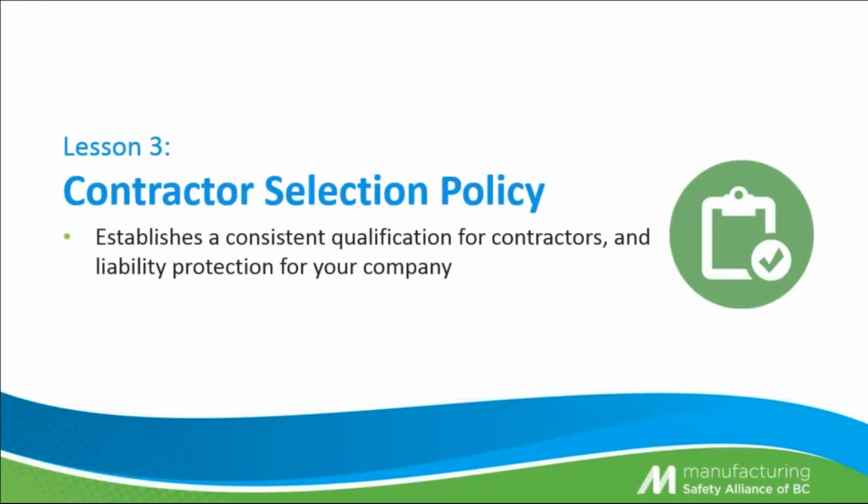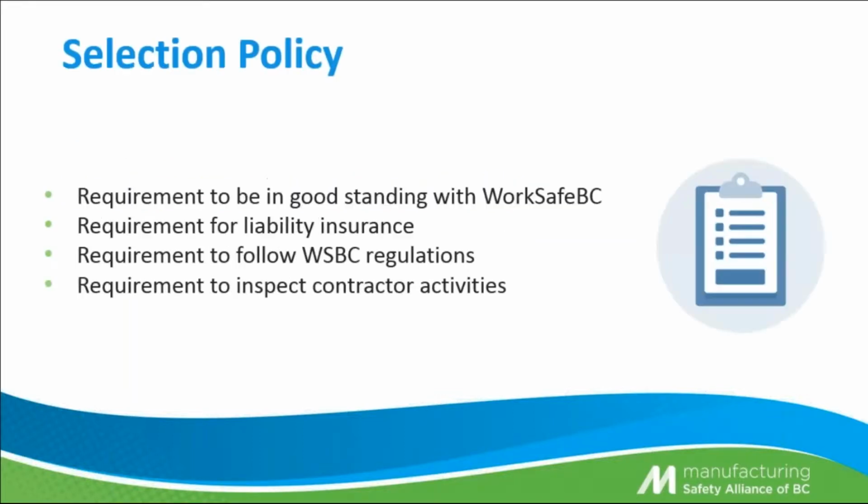Lesson 3, Contractor Selection Policy. The concept behind this is that it establishes a consistent qualification for your contractors and liability protection for your company. In your selection policy that you develop, there should be a requirement to be in good standing with WorkSafe BC. There should also be a requirement for liability insurance.